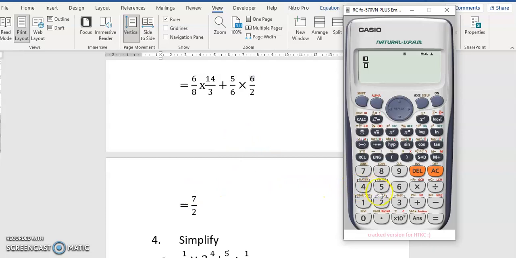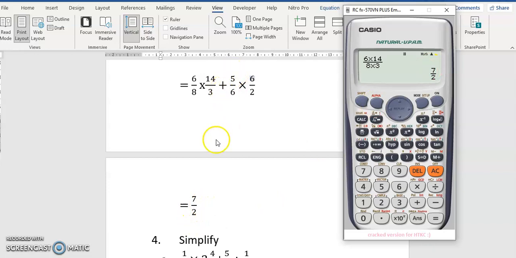So 6 times 6 times 14. No need to write plenty there, since you know the principle. So 8 times 3. What does it give me? 7 over 2. So this is my 7 over 2.